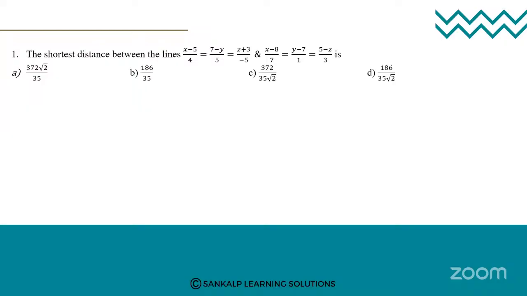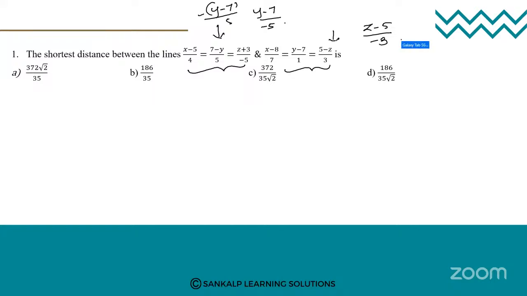If you observe the direction ratios here, this is different, this is different. Both are different lines. Okay. Please adjust the equation. How will you write this? y minus 7, like this. Okay. So that would be y minus 7 divided by minus 5. This is also the same way. This would be z minus 5 by minus 3. That's it. Everything else remains the same.